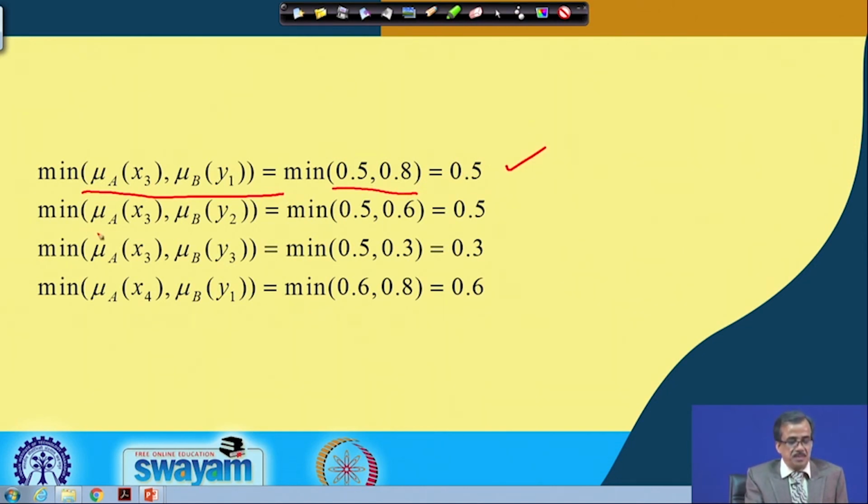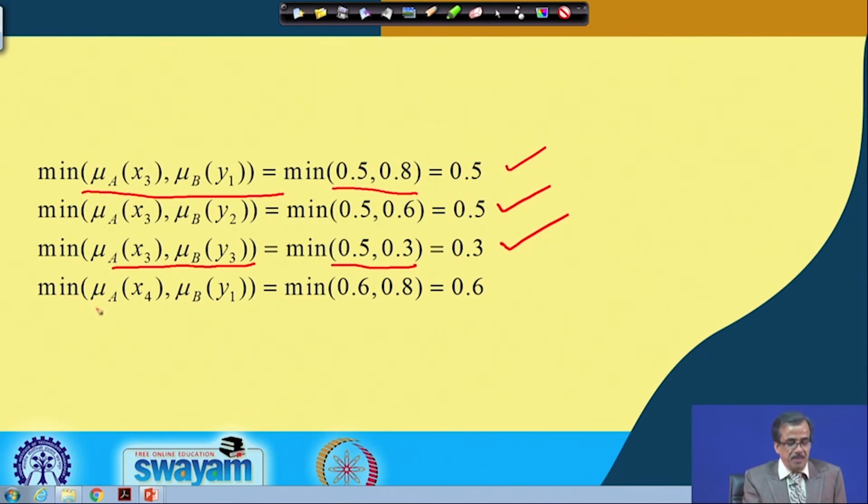Next is the minimum between mu A(x3) and mu B(y2); following the same procedure, I will be getting 0.5. Then the minimum between mu A(x3) and mu B(y3), the minimum between 0.5 and 0.3, so I will be getting 0.3 here.